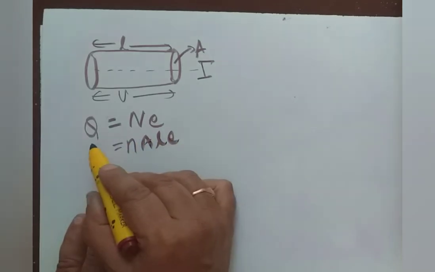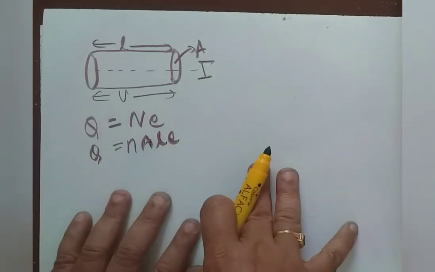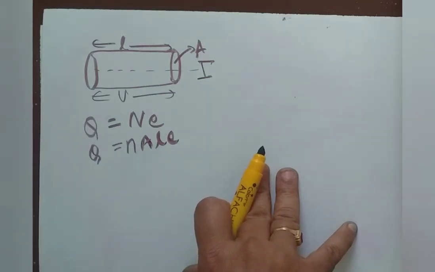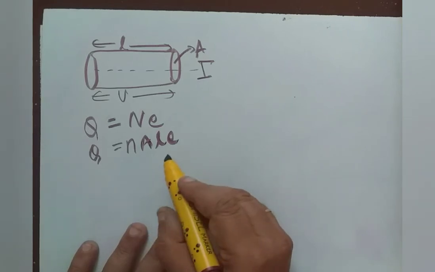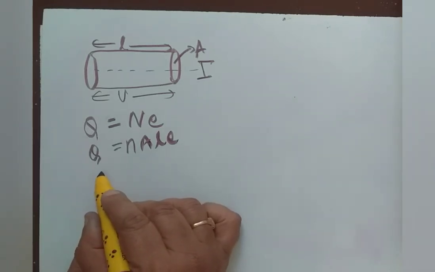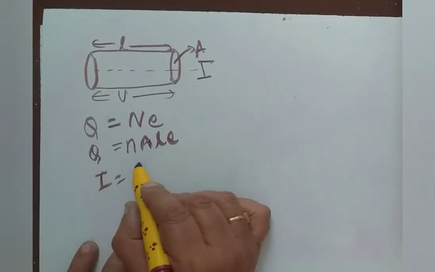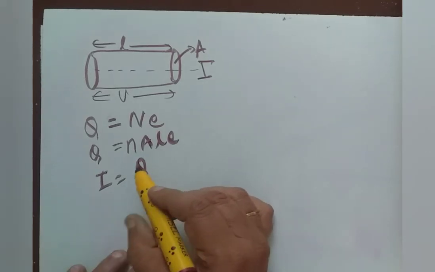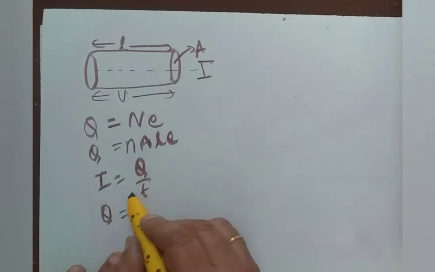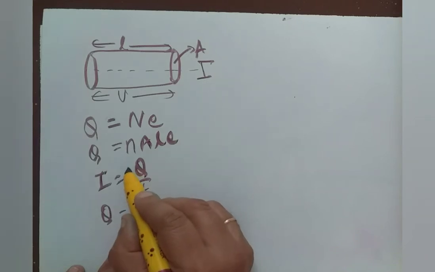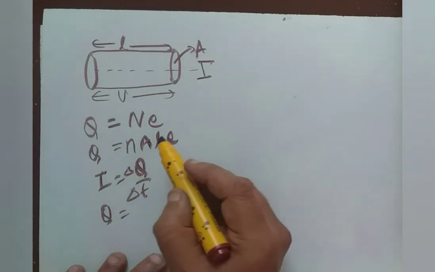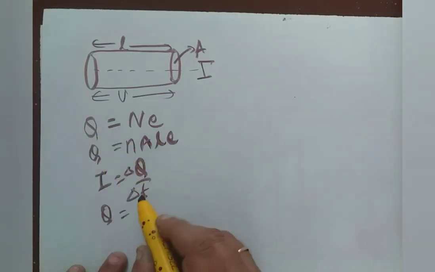So this gives us the total charge inside the volume of the conductor at any instant. Now, if we go for a small change, I equals Q by T, we know. So we can write I as delta Q by delta T. Here also we can take small changes in current.